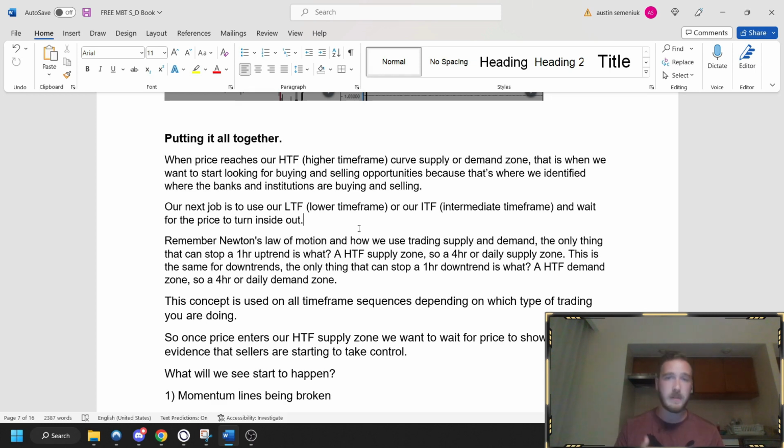There is none. But if you're looking to do scalping, you're probably going to want to use the 1 hour or the 4 hour as your highest time frame, and then the 1 minute, maybe the 5 minute, maybe the 15 minute as your entry time frame. So let me say this: scalping in and out of trades, 1 hour, 1 minute.